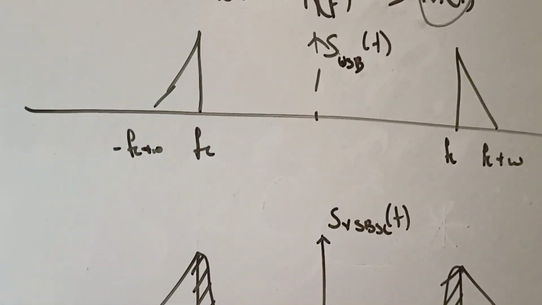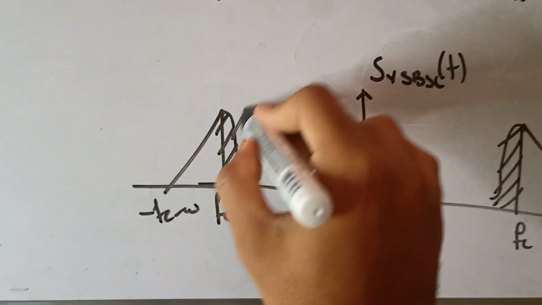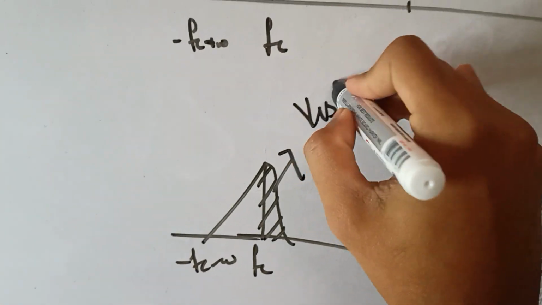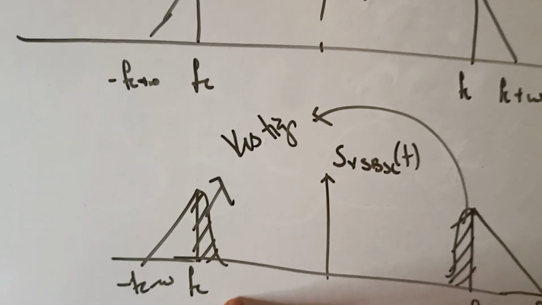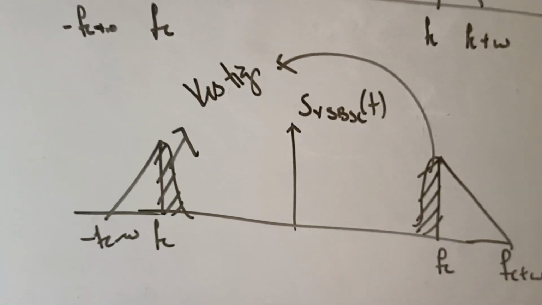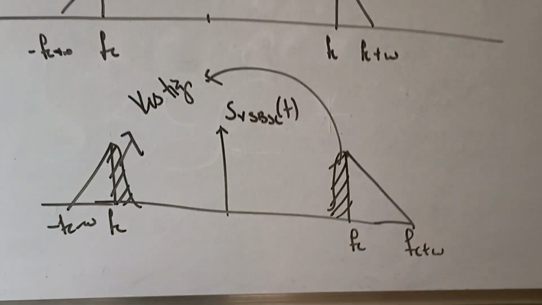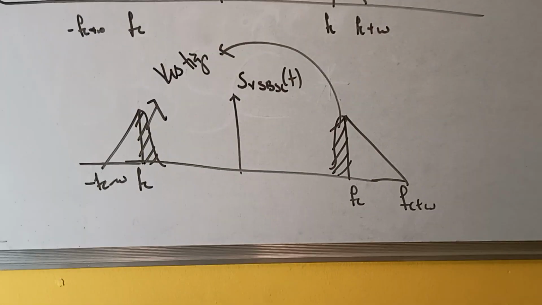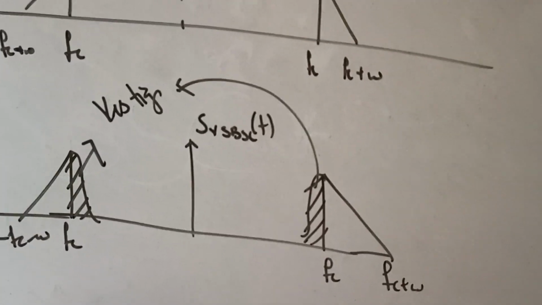For this upper sideband filter, the sideband shaping filter further attaches the vestige. These are the vestiges which are attached to the upper sideband of the single sideband suppressed carrier, so that it overcomes the disadvantage of the single sideband suppressed carrier.